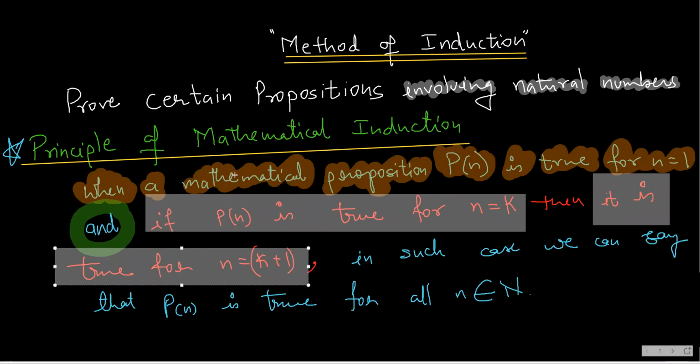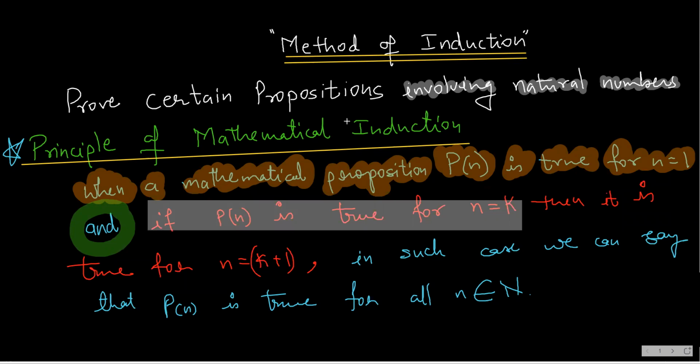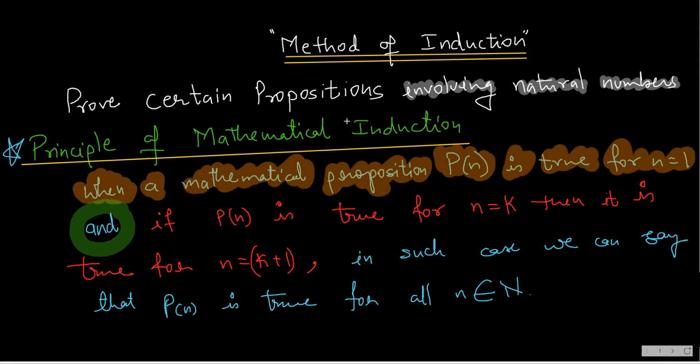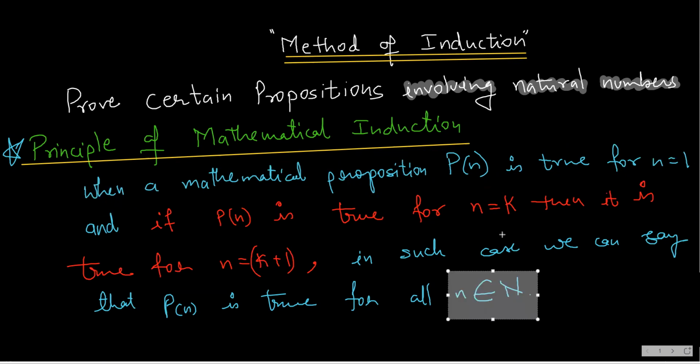And when you have proved these two stages of the principle of mathematical induction, you can apply the method of induction and you will know that you got the final thing done. Then you can say that the given proposition is true for all n which belongs to the set of natural numbers. So I give you an example here.